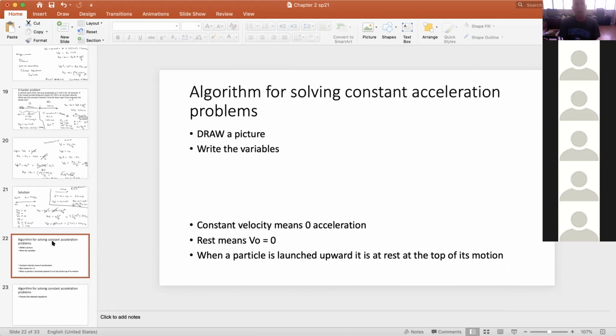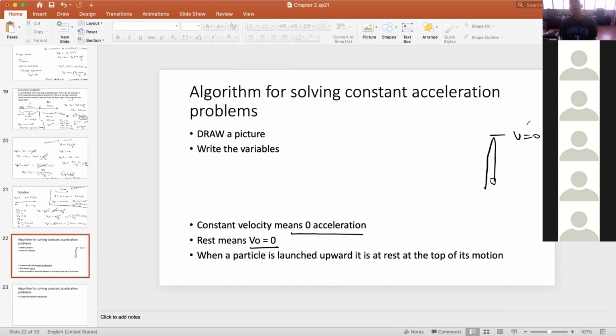You've got to draw a picture so that you know what you're talking about. You've got to write variables. You've got to understand that when you have constant velocity, you have 0 acceleration, and that rest means the velocity is 0. And if we launch something up in the air and it comes back down, at the top of its motion, which we'll get into in free fall, V is 0 instantaneously.